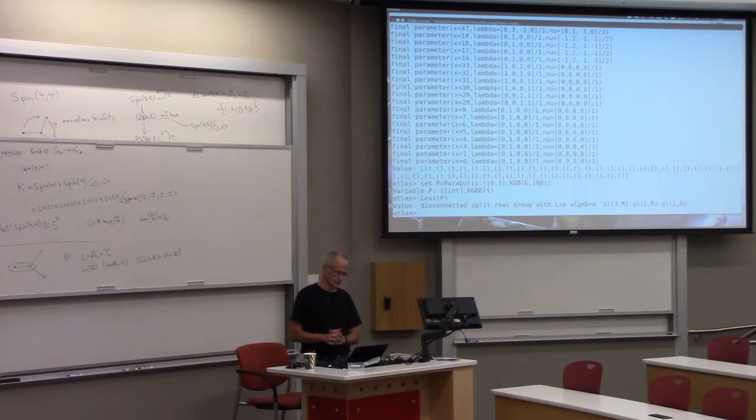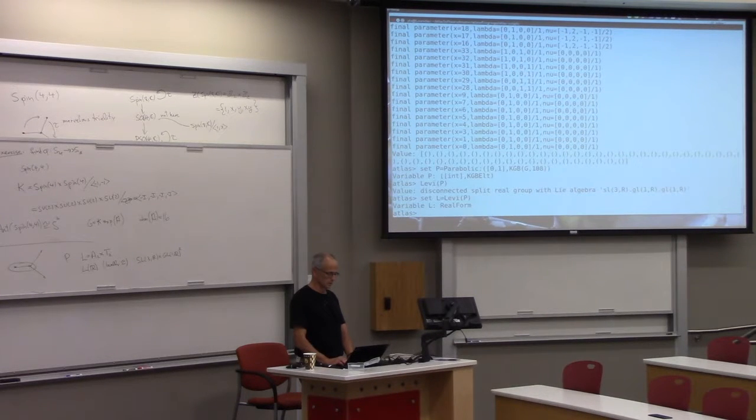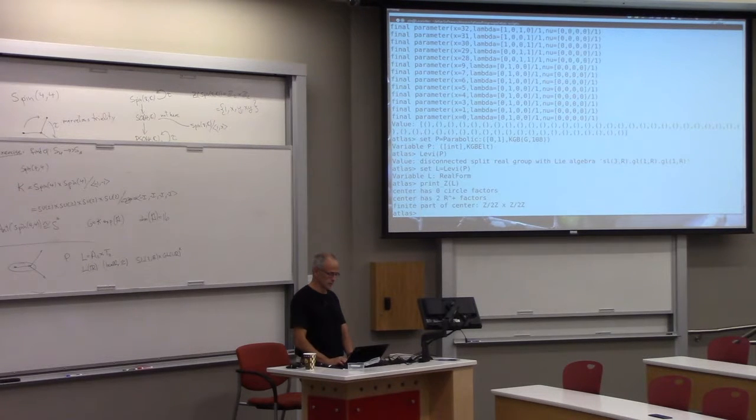So it's a disconnected split real group. Let's print Z. Let's set L to be the Levi of P, and print Z of L. The center has no circle factors, 2 R plus factors, and 2 Z2s.